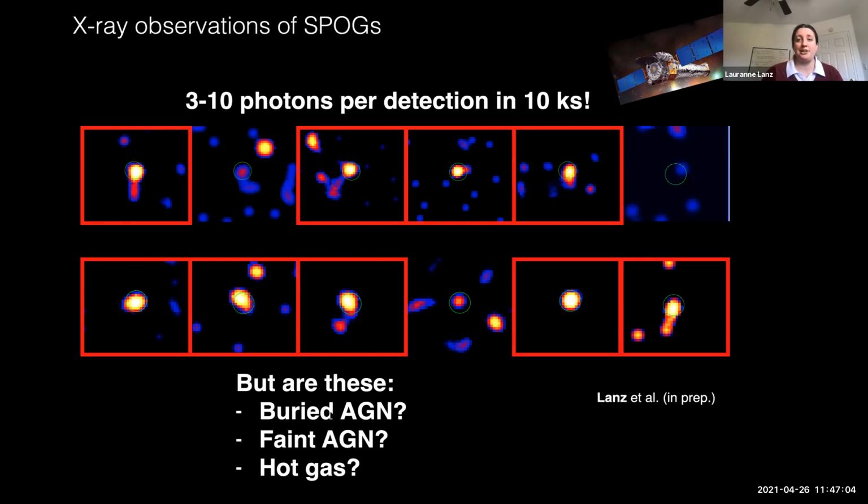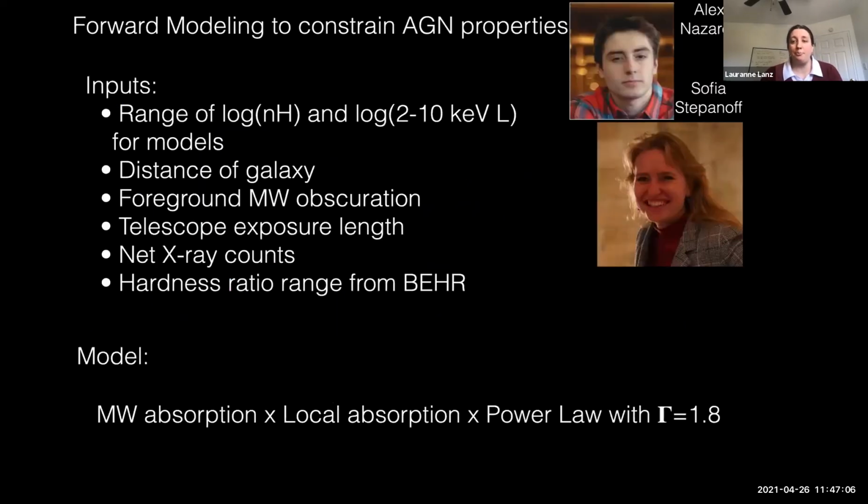So instead, we decided to approach this from a forward modeling approach. So Alex Nazaroff put the initial steps in place, but most of this work was really done by Sofia Stepanoff. So what we've created is a code that takes in a range of local obscuration. So effectively the amount of gas and dust that you have to get through to see the AGN.